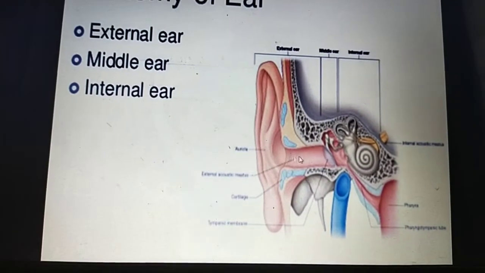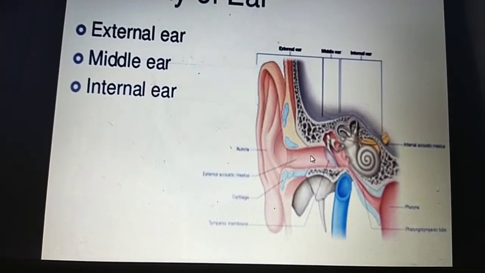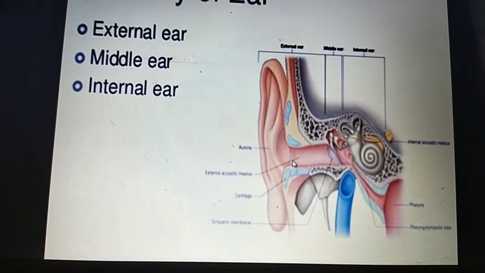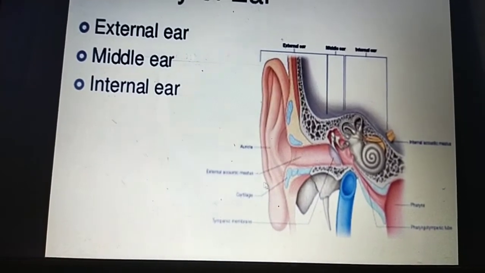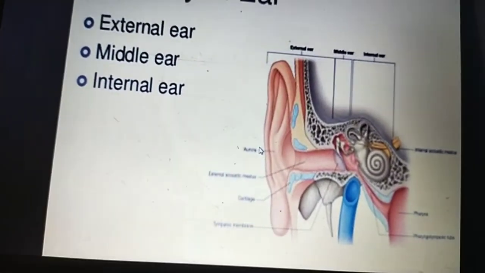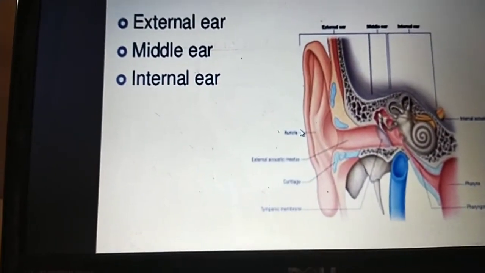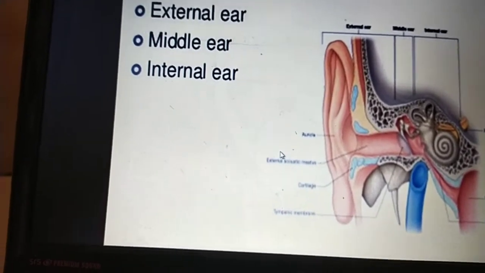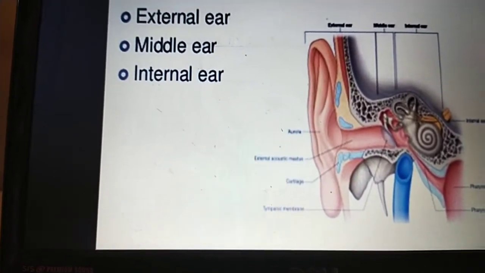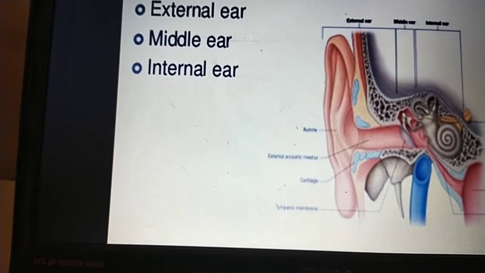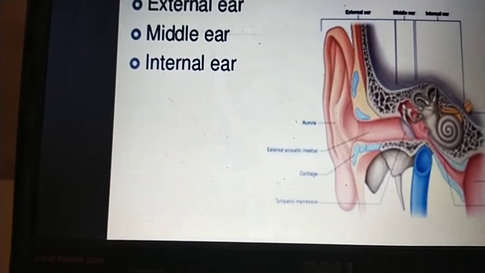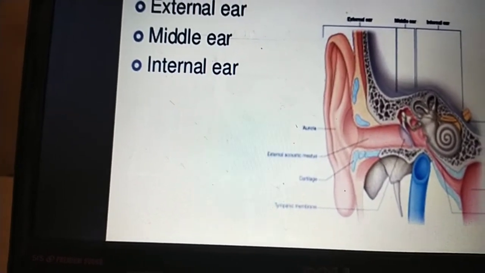Some part is bony and some part is cartilaginous, and it is completely covered by cartilage and skin. The visible part of the external ear is called the auricle or the pinna.